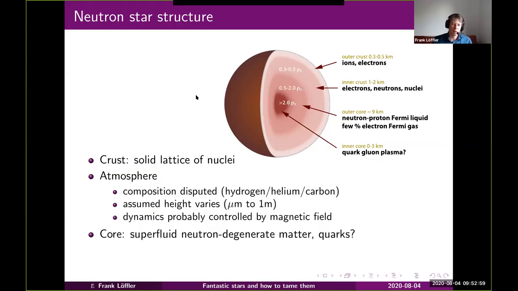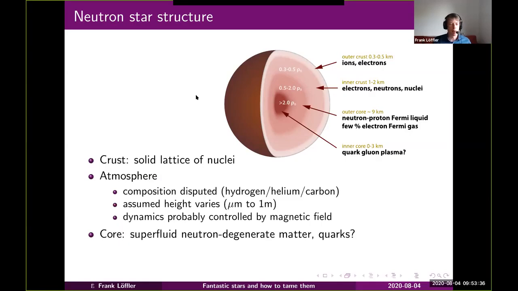You might have some atmosphere above that crust, and nobody really knows what that is. It might be hydrogen, helium, carbon, different theories about that. It's not even known how high this atmosphere is. Theories go from micrometers to about a meter maybe. But the dynamics of the atmosphere, that's what most people at least agree on, is quite likely controlled by the magnetic field, because the magnetic field is supposed to be really strong.